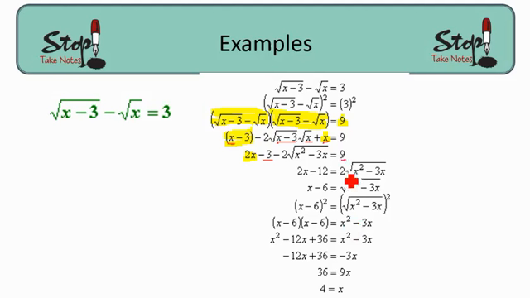And so now what I'm going to do is subtract 9 from both sides, so I get all my stuff that's not under a radical on the left side of the equation, and that'll give me 2x minus 12. And I'm going to add 2 times the square root of x squared minus 3x to both sides.